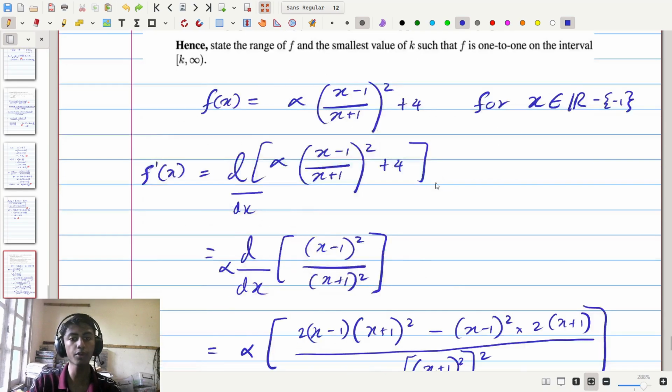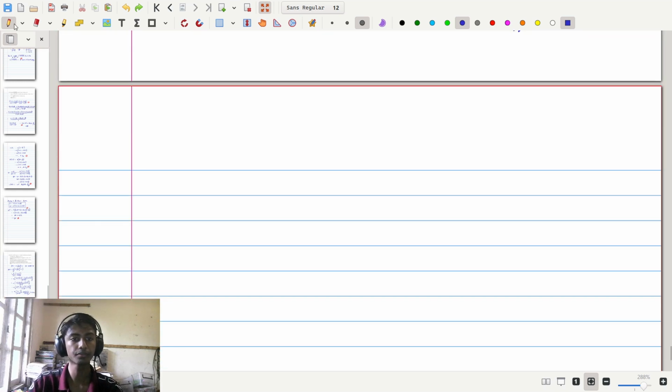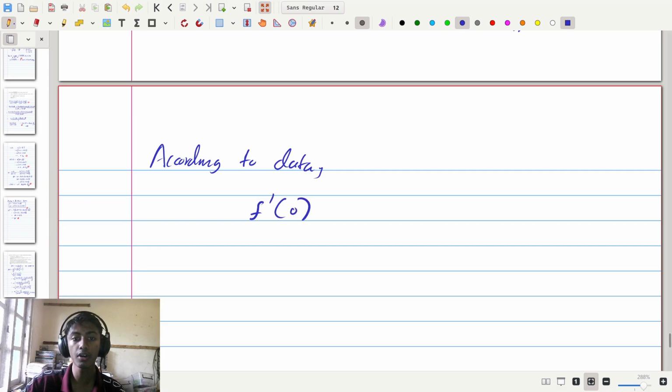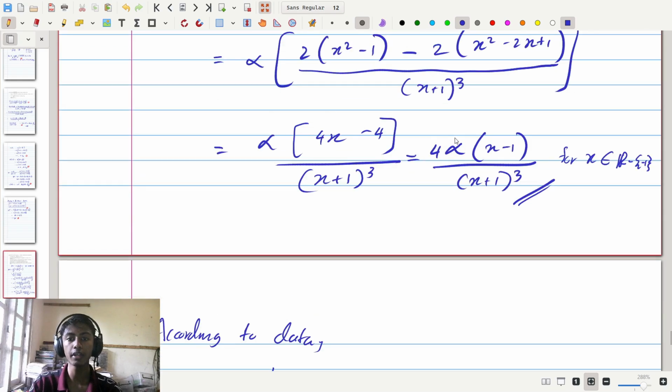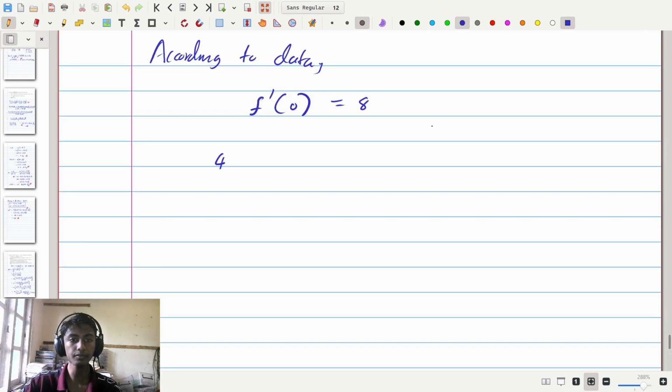So according to that, we can say according to the data, the value of f prime of x at x equals 0, which is going to be f prime of 0, is equal to 8. Now substituting, we can see we'll get 4 times alpha times x minus 1, which is 0 minus 1, divided by x plus 1 cubed, which is 0 plus 1 cubed, equal to 8.